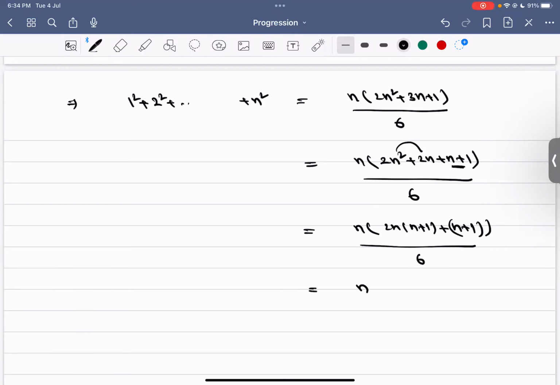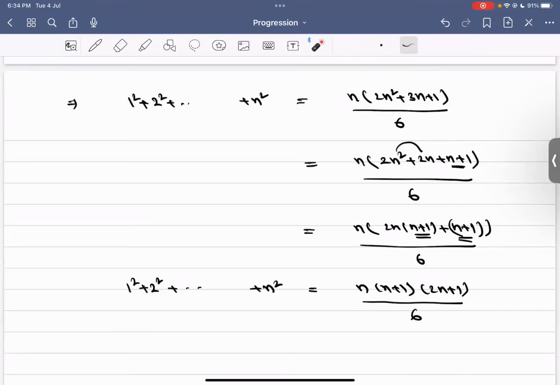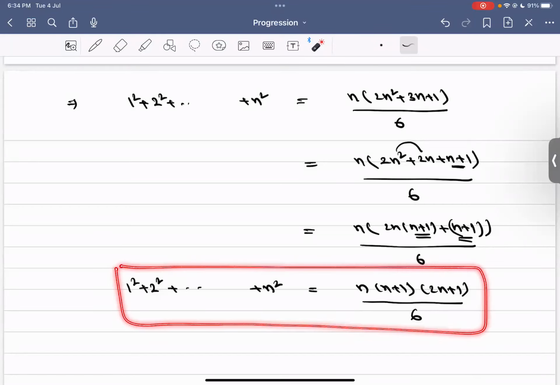Next, n into, from these two terms again n plus 1 common, n plus 1, then we are left with 2n plus 1. Next, n into n plus 1, 2n plus 1 by 6. Therefore, 1 square plus 2 square etc. up to n square is n into n plus 1, 2n plus 1 by 6. This is the proof.